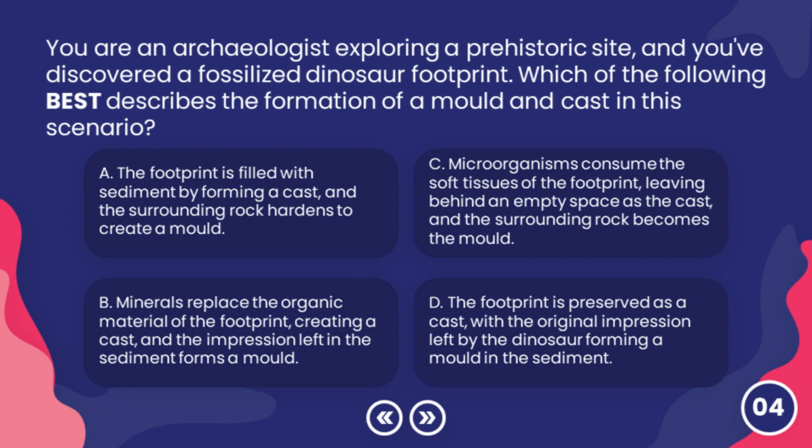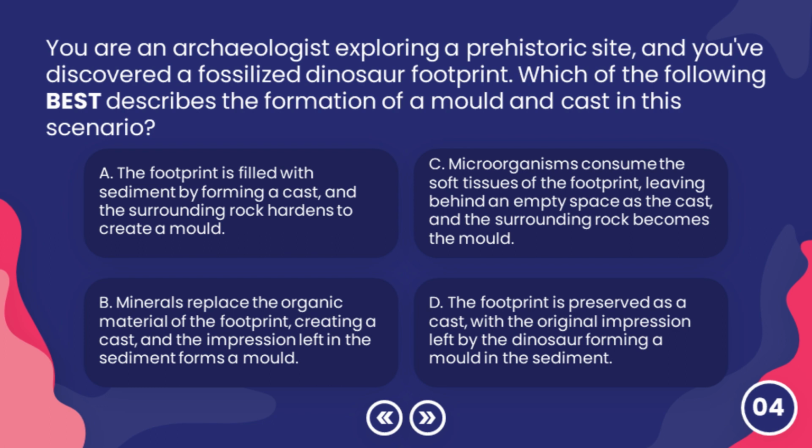Question number 4. You are an archaeologist exploring a prehistoric site, and you've discovered a fossilized dinosaur footprint. Which of the following best describes the formation of a mold and cast in this scenario? A. The footprint is filled with sediment forming a cast, and the surrounding rock hardens to create a mold.